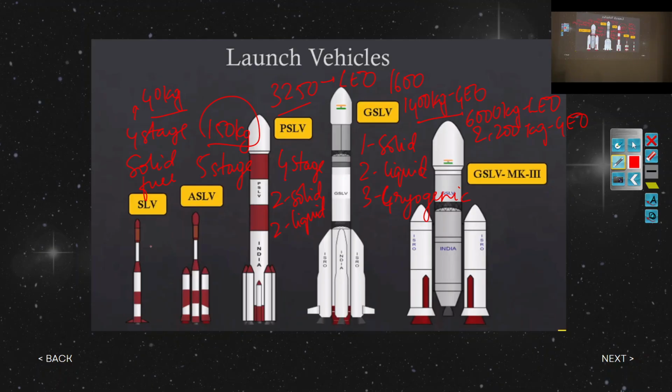The payload for geostationary orbit is 2200 kgs, and for low earth orbit it is around 6000 kgs.